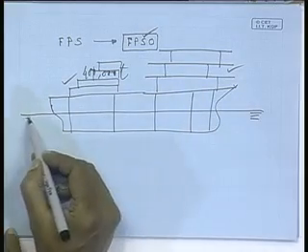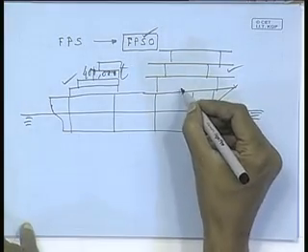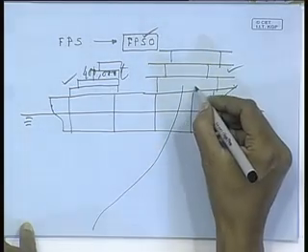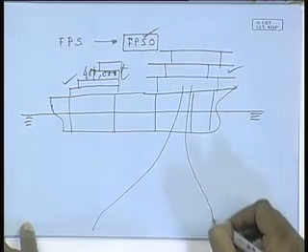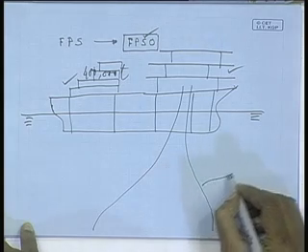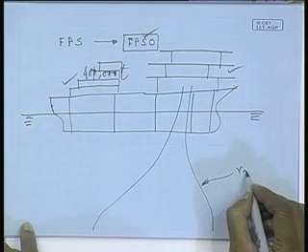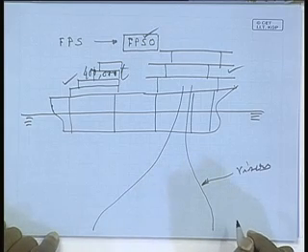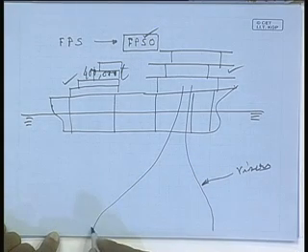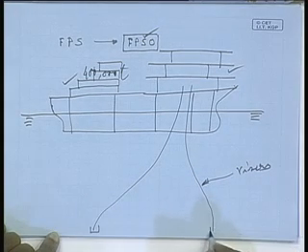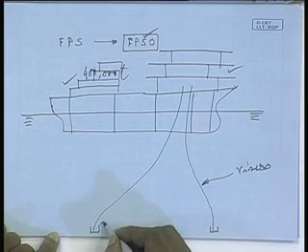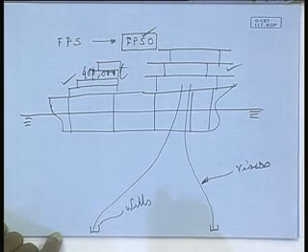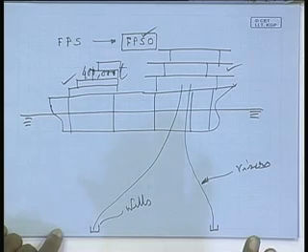Wherever it is floating, from here the risers go. There can be 1, 2 or multiple risers. These are flexible pipes which are referred to as risers. They are connected to the wells, which are below the seabed.